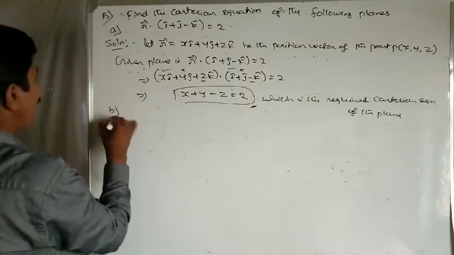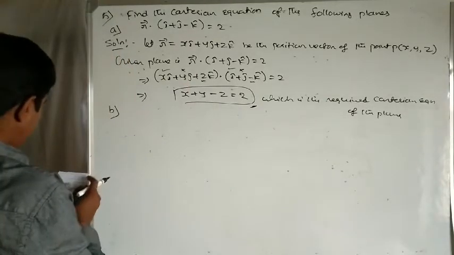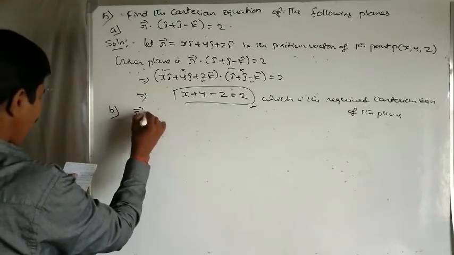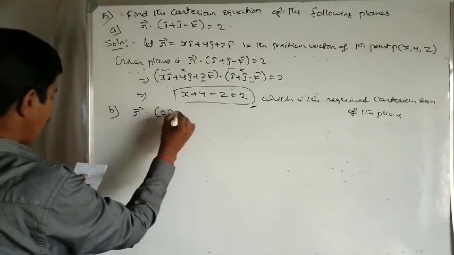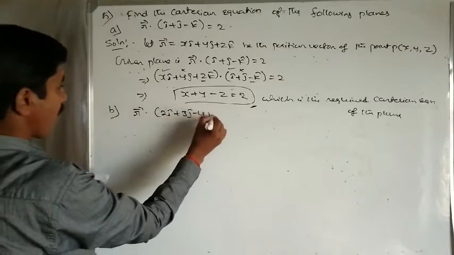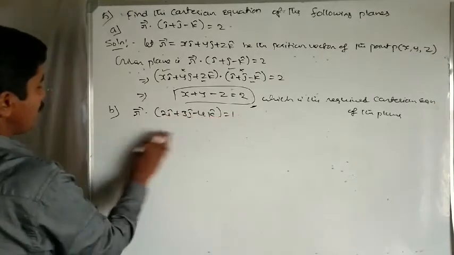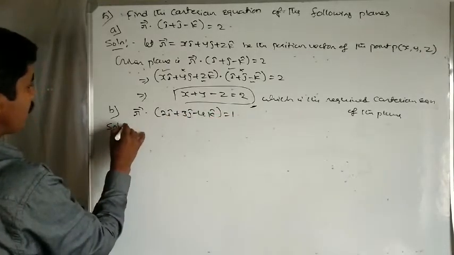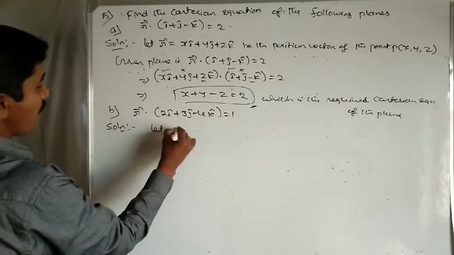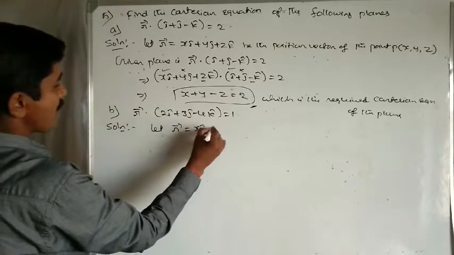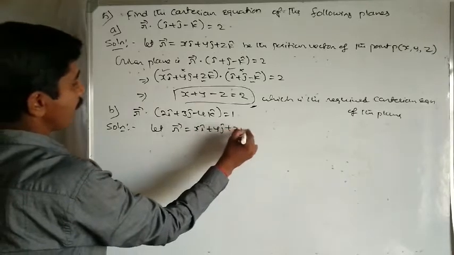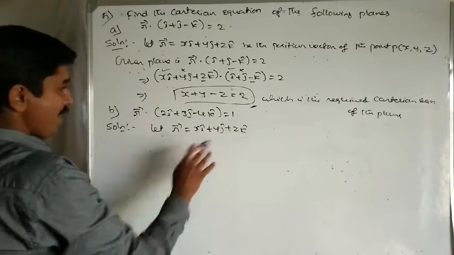Now sub problem B, taking vector r dot (2i plus 3j minus 4k) is equal to 1. Let us take vector r equal to xi plus yj plus zk.